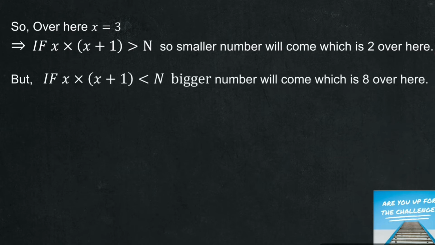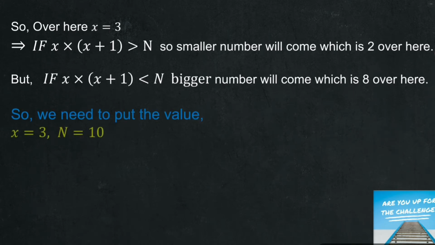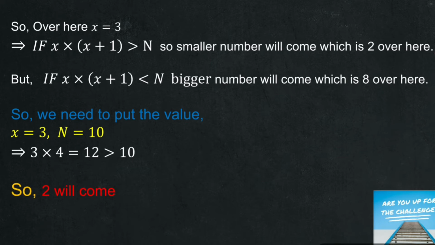And if x into x plus 1 is smaller than n, then the bigger number will come, which is 8 over here. So we just need to put the values. x equals 3 and n equals 10. 3 into 4 is equal to 12, which is greater than 10, so the smaller number will come, which is 2. So the square root of 1024 equals 32. This is how we are going to determine these things.